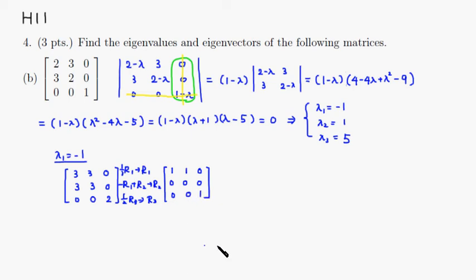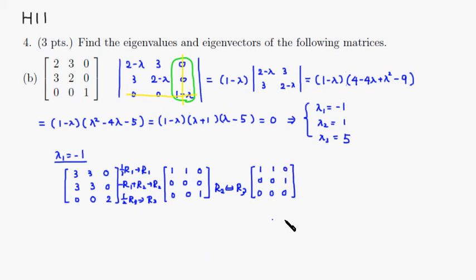If you want, you can switch the rows so that all the zeros are on the bottom: 0 0 0 on the bottom, then 0 0 1, and 1 1 0.